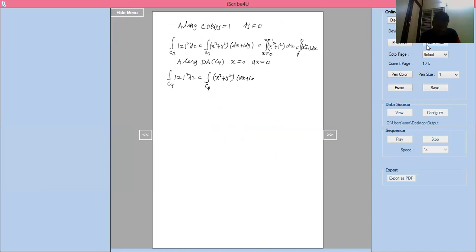Now I am going to substitute x equal to 0 here. So x equal to 0 means 0 square plus y square into dx, which is 0, into 0 plus i dy.